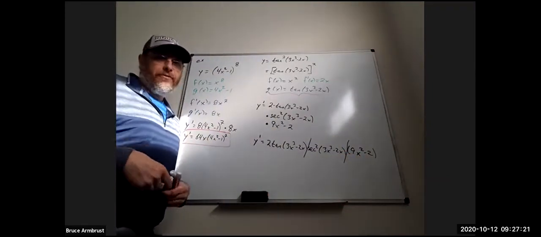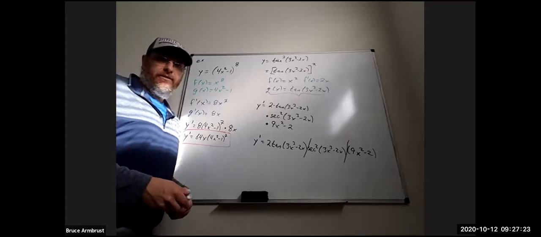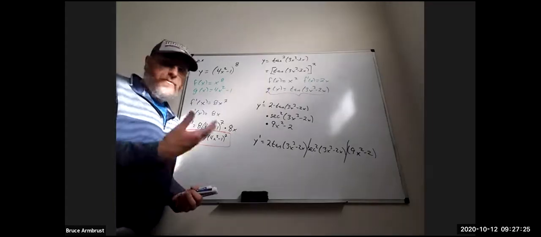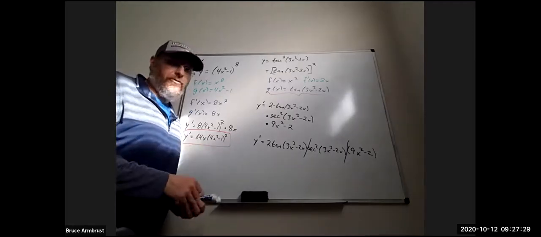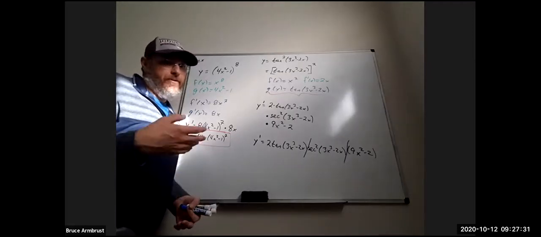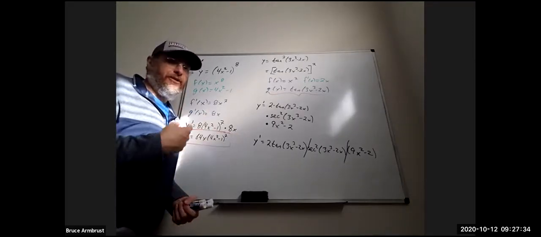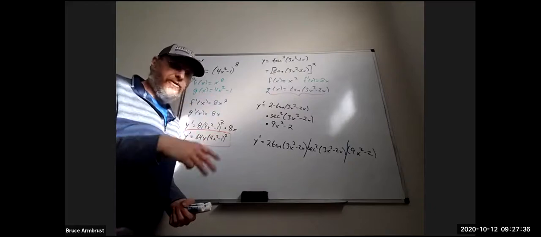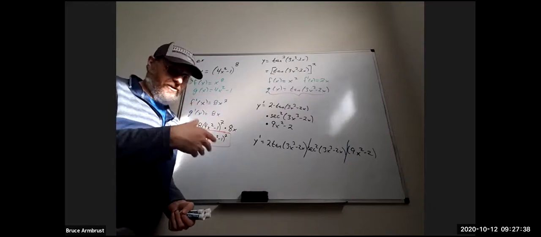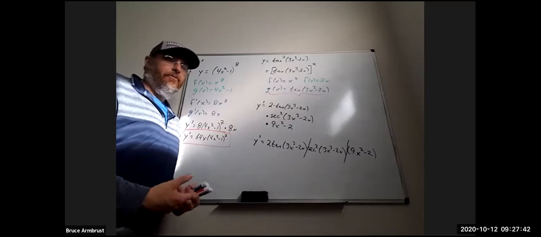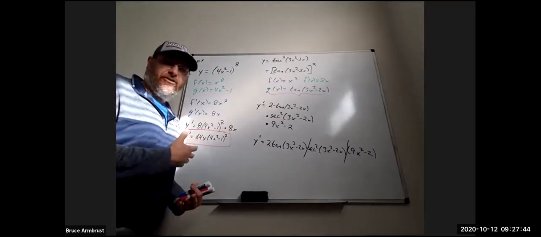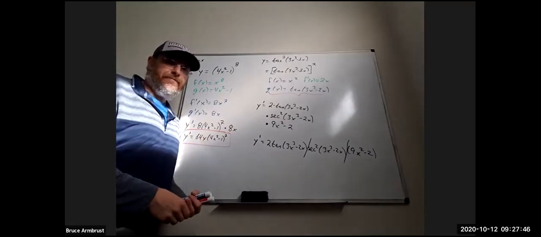So if you have more than one composition, just keep applying the chain rule. This is chain rule inside of the chain rule. If we had yet another composition, it would be chain rule inside chain rule inside chain rule, and so on and so forth. So you could have as many of these as you can imagine by creating a function that has lots of composition.